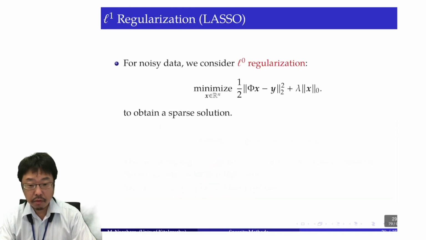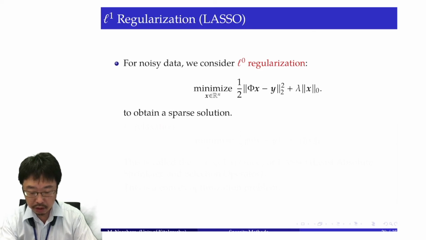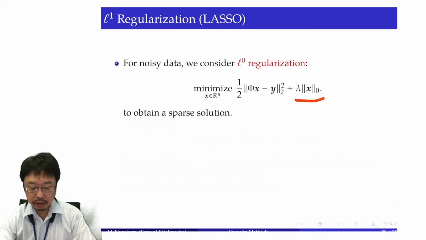Also, we can formulate sparse optimization for noisy data. For noisy data, we consider L0 regularization given by this, with the L0 norm as a regularization term, to obtain a sparse solution.